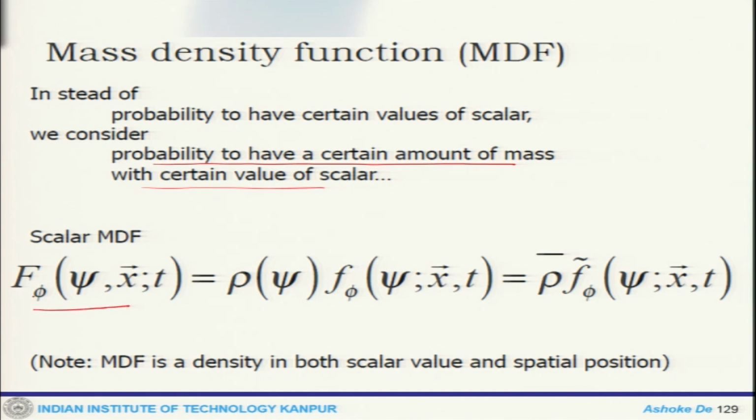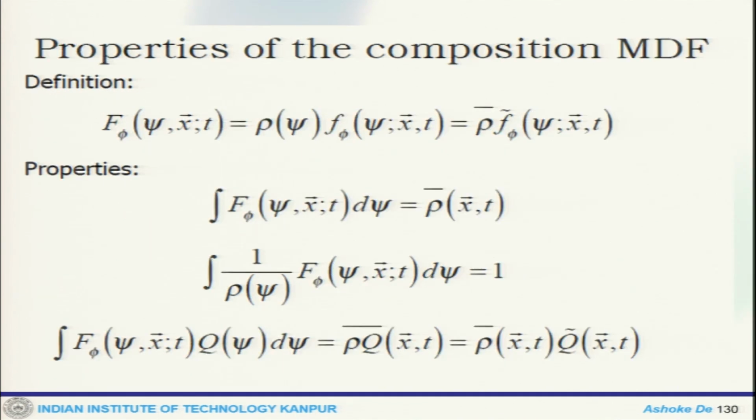It is defined as F_phi(psi; x, t) equals rho(psi) times the scalar PDF, which will be the mean rho and the Favre average f_phi(psi; x, t). So this is our scalar mass density PDF, or mass density function.